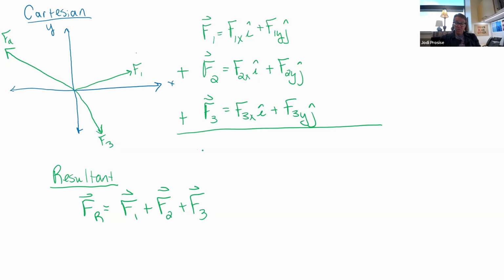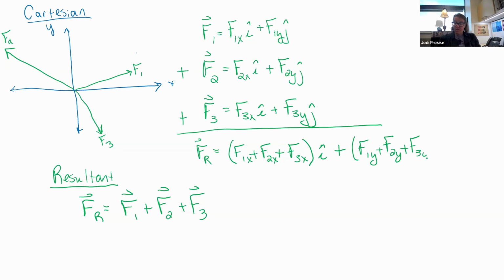So I can define my resultant as F1x plus F2x plus F3x in the i hat direction, plus F1y plus F2y plus F3y in the j hat direction.